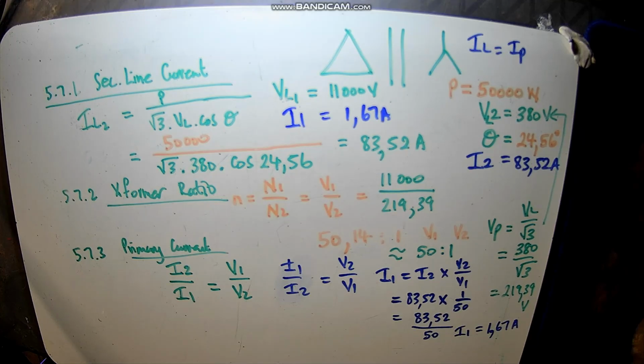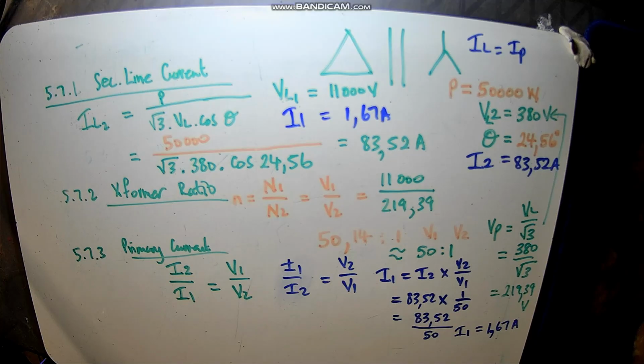So notice that the voltage was being stepped down. In this question, this is a step down transformer from 11,000 volts to, what is our voltage that we came down to? 380 volts. So notice the voltage went down, but what must happen to the current? The current must go up.